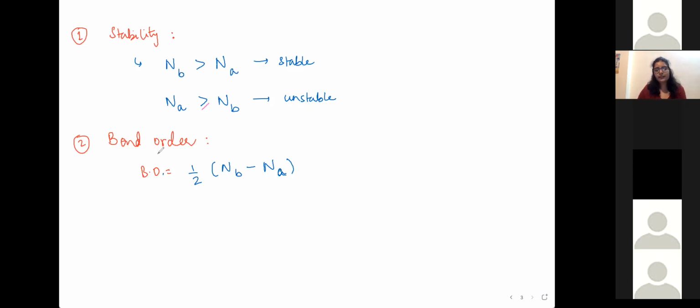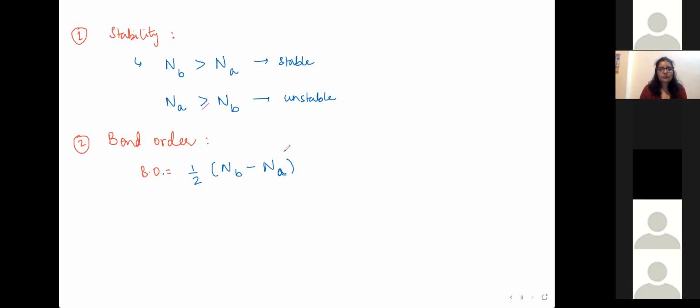If you relate this formula with the stability point, you can see that if the number of bonding orbital electrons is greater than the number of anti-bonding electrons, then you'll get a proper bond order, 1 or 2 or 3 or whatever. But if the number of anti-bonding electrons is equal, then the bond order becomes 0.